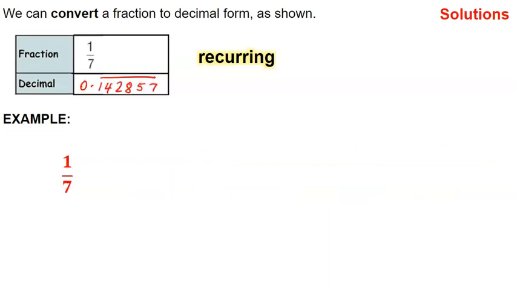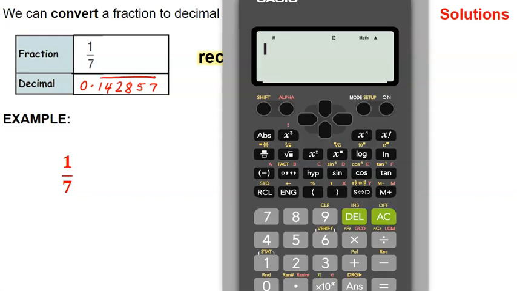Recurring decimals can either have a single repeating digit, like we've just seen, or a repeating series of digits. For example, 1 on 7. Instead of using short division, I'm going to show you on a calculator, because 1 on 7 can also be 1 divided by 7.